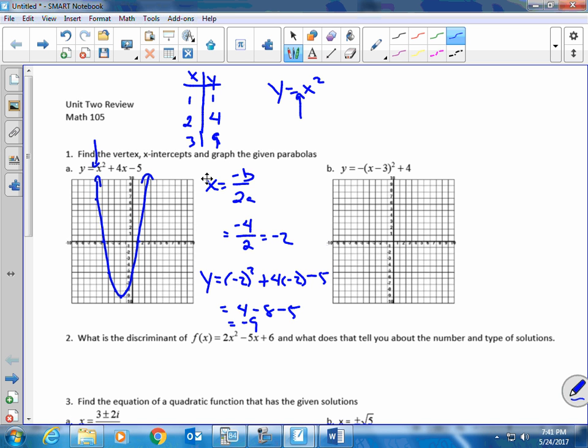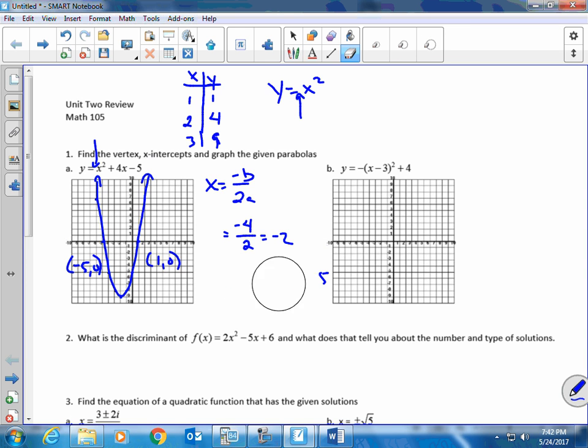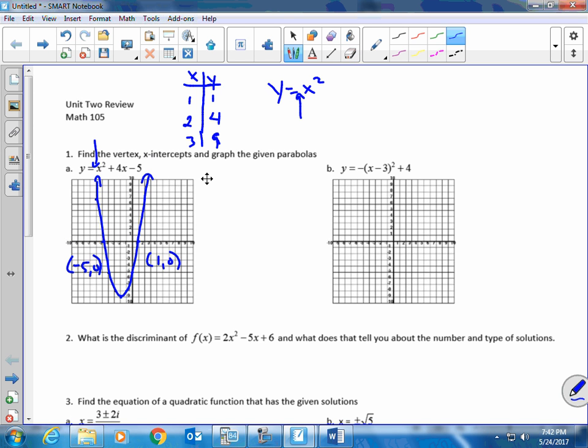Do I know the x-intercepts? Well, yeah, I happen to, because it happened to hit right at positive 1, and it happened to hit right at negative 5. What if it didn't? What if my graph hit the x-axis not on a whole number, or not on an integer? Well, what is the value for y at the x-intercept? 0.